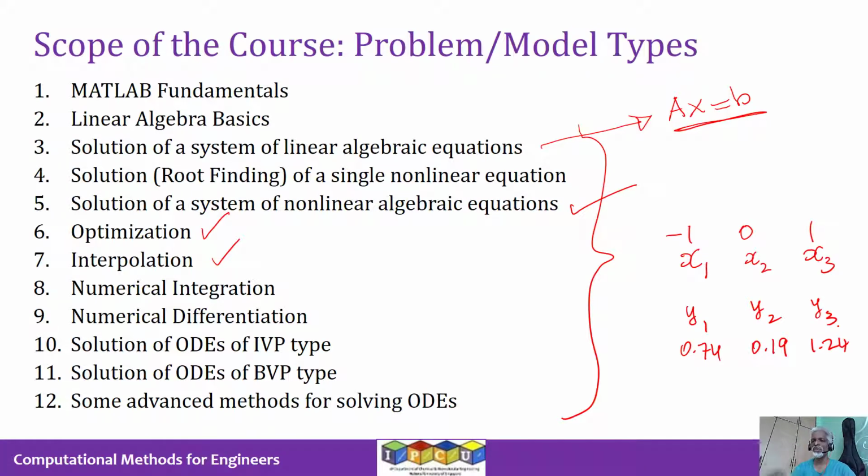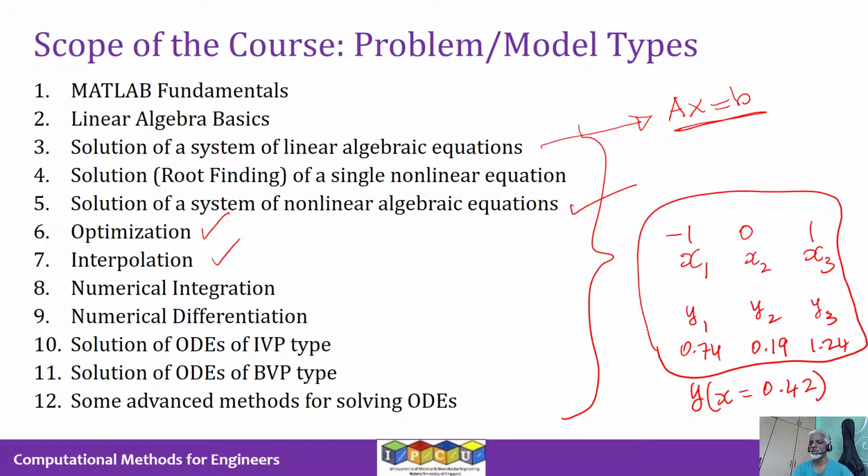I'm just pulling some numbers randomly. Now we are asked the question, what's the value of y at x = 0.42? So this is what is called the interpolation problem. All right. So we have to make use of this data and come up with the best estimate of y at x = 0.42.